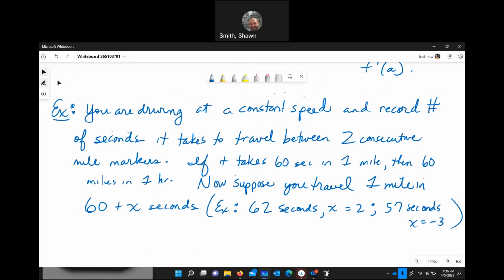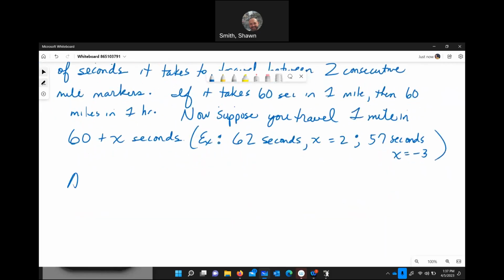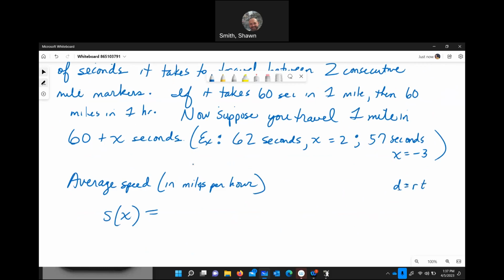So our average speed in miles per hour, they use the notation S of x. Again, you can use the formula distance is equal to rate times time, so this is distance divided by time.